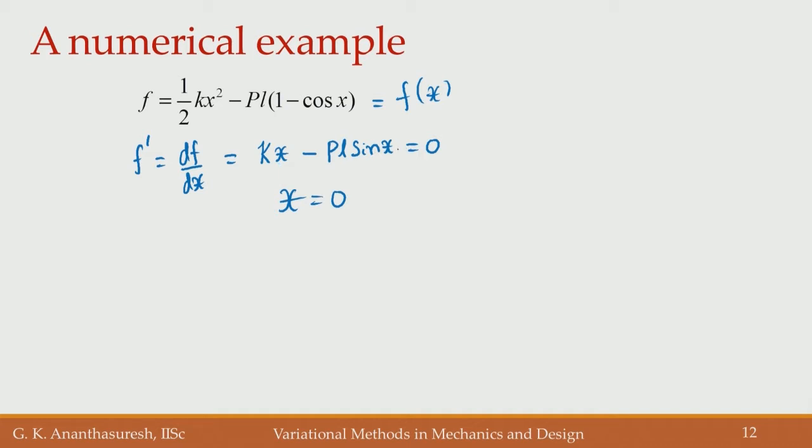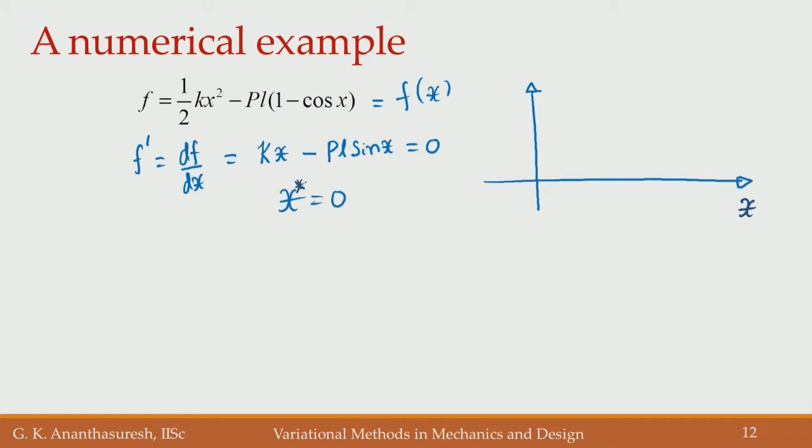Is it the only solution? Clearly not, because if I imagine that for some values of P and L, let us say I draw a sine curve. So, we got the necessary condition kx minus PL sin x equal to 0, and x equal to 0 is a solution, let us call that x star.